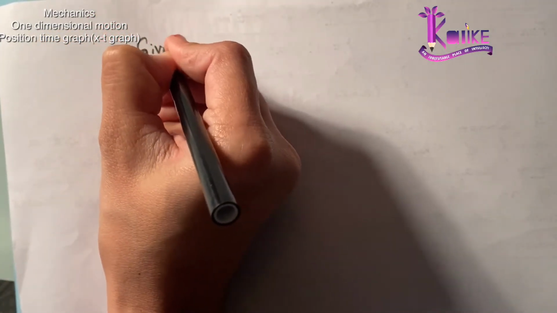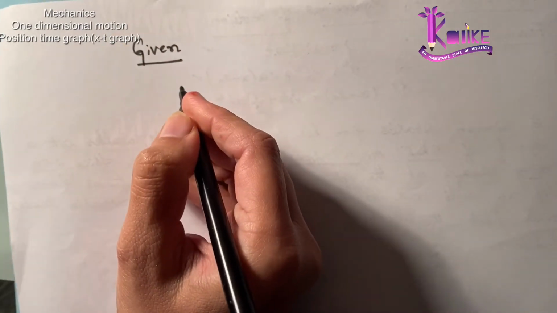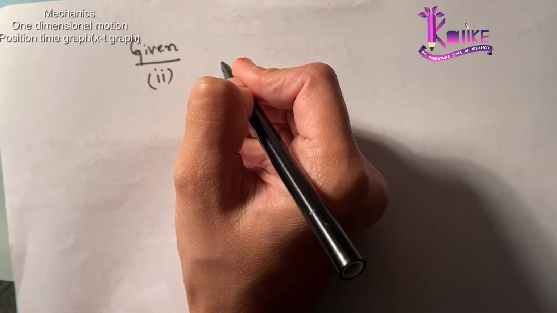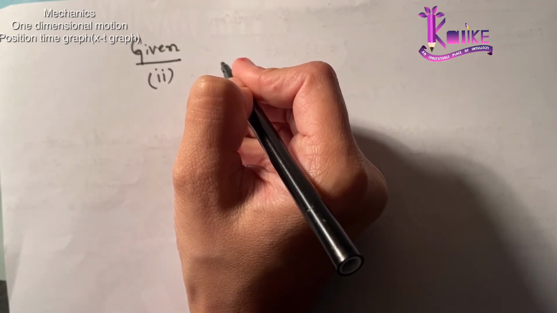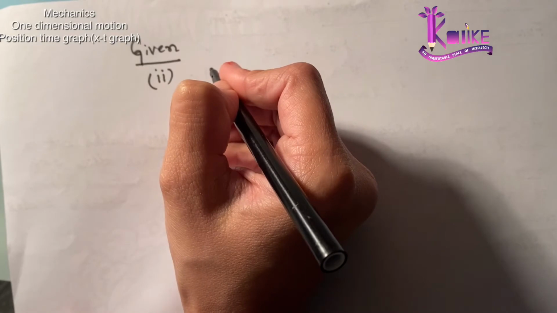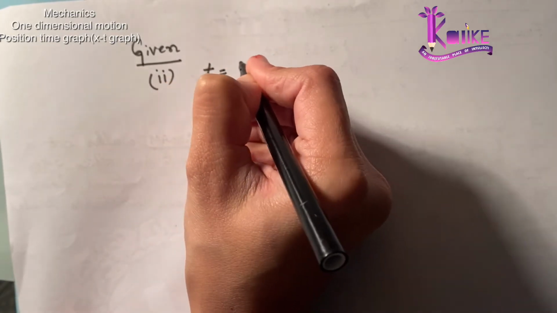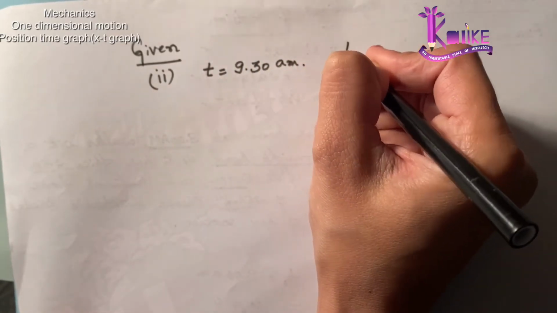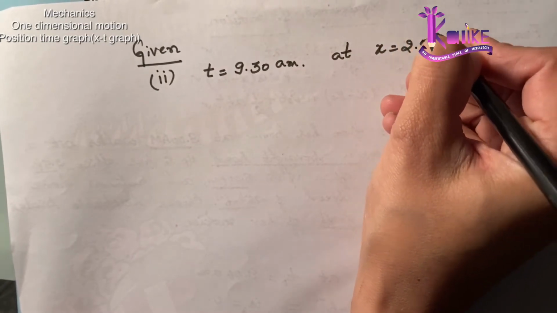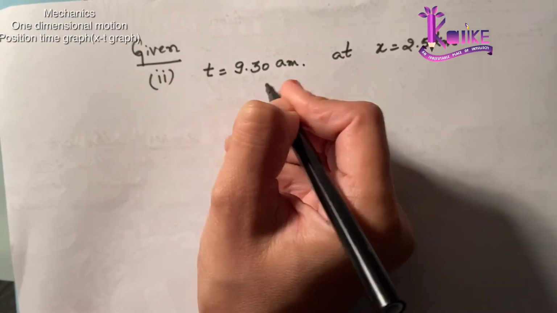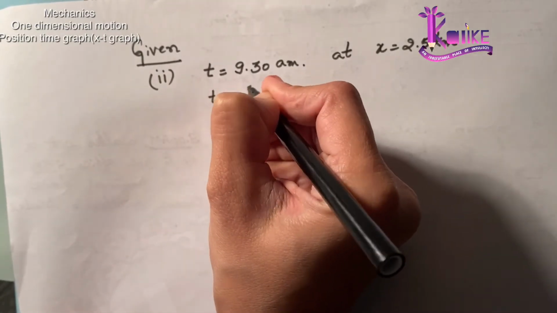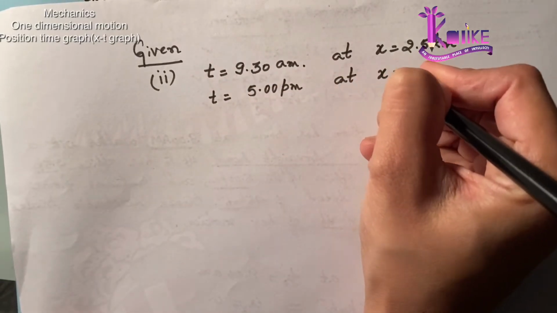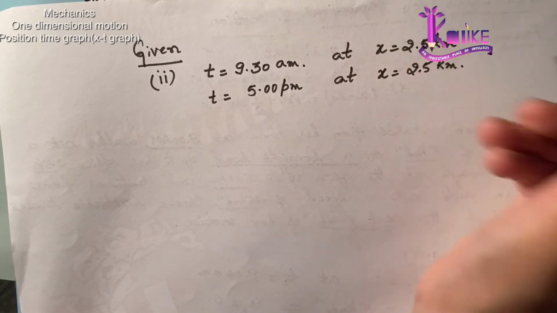Given, what all do you have? We know that when the time was 9:30 a.m., the woman was at a distance of x is equal to 2.5 kilometers and she stays there, and when the time was 5 p.m., still the position of x was 2.5 kilometers.